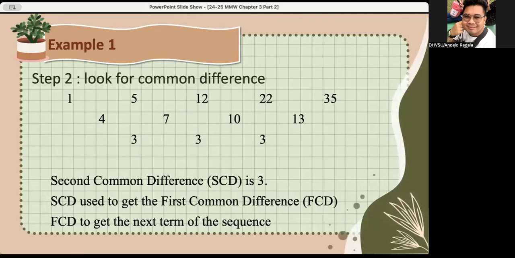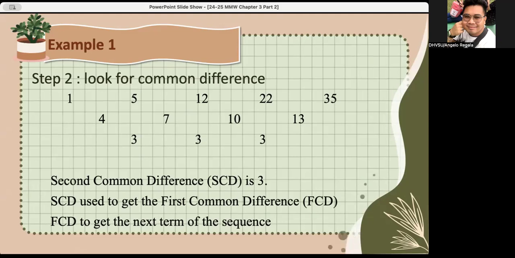Now, if we don't see a pattern, let's proceed to the second common difference, until we get a common difference. To get the second common difference, we use the first common differences, 4, 7, 10, 13. We notice that 7 minus 4 is 3, 10 minus 7 is 3, and 13 minus 10 is 3.